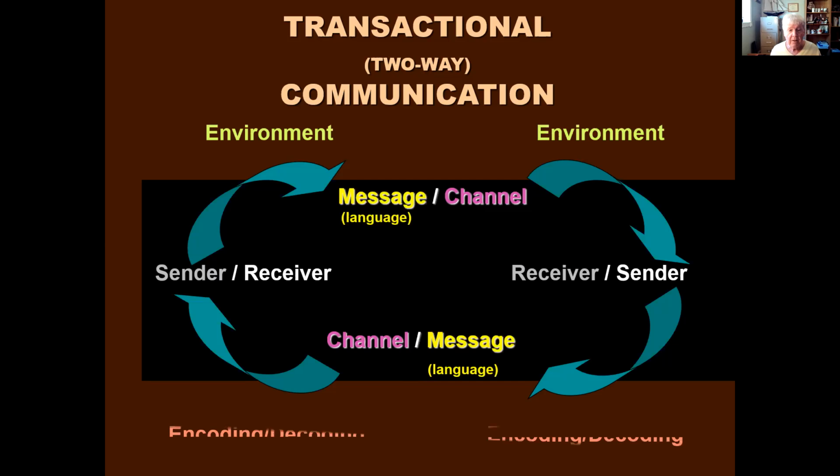And you're encoding. You've encoded words, and now you're decoding those words as I'm speaking. When I asked you, can you see my PowerPoint? You know what each of those words mean. Can I see the PowerPoints or the PowerPoint? You're decoding it. And I asked it as a question.